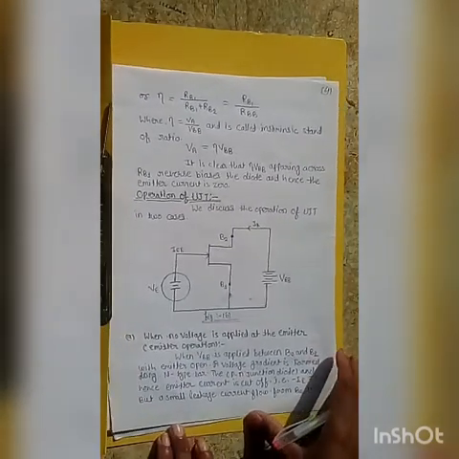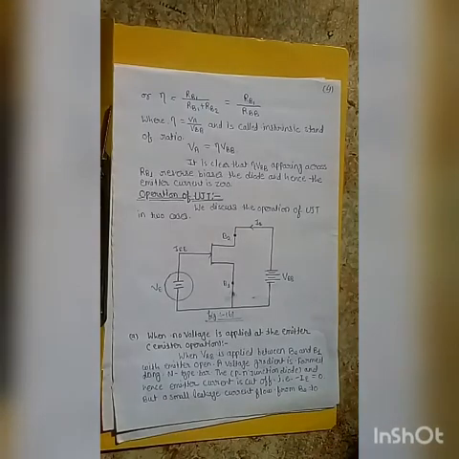Operation of UJT. We discuss the operation of UJT in two cases. First case is when no voltage is applied at the emitter.